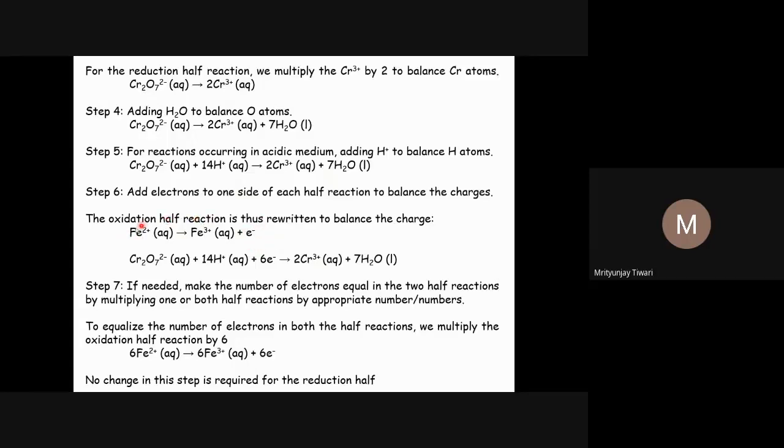Once we multiply the first half, the oxidation half reaction, with 6, 6 into 1 electron, so 6 electrons will be there on the right hand side. The number of electrons lost will be equal to 6, and the gain is anyway 6 in the next reaction.